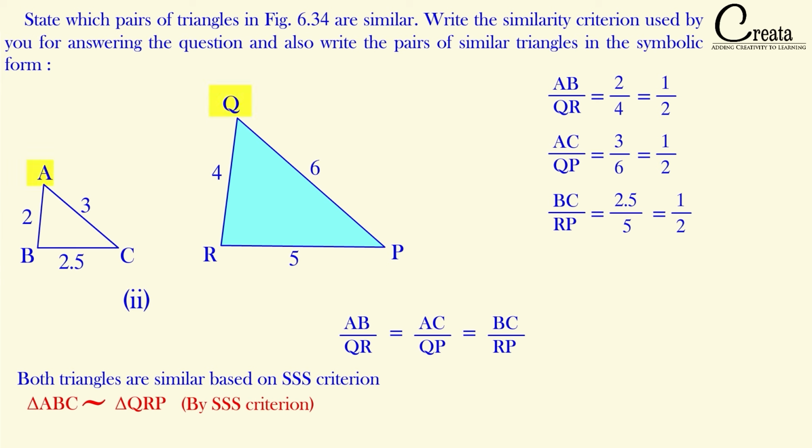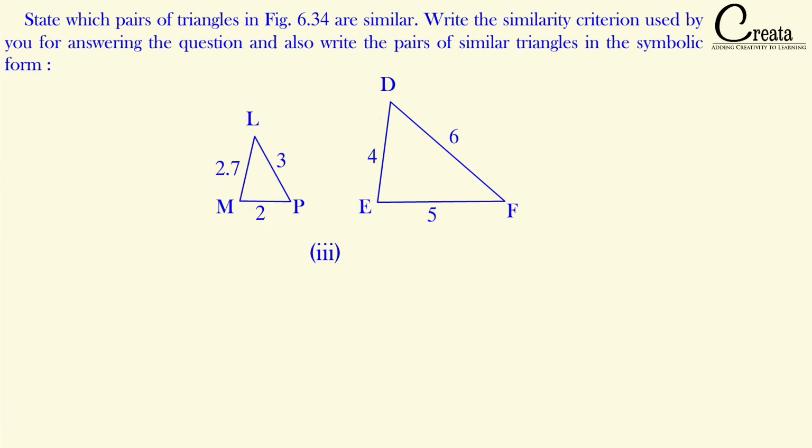Here A should match with Q, B should match with R, and C should match with P. So the sequence of the vertices of the triangle matters in similarity. This is a perfect example of that. We cannot write triangle ABC is similar to triangle PQR. Here we have to write ABC is similar to QRP. The sequence matters. Let's move to part 3.